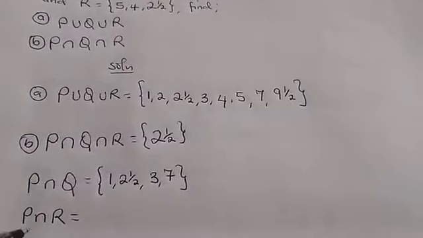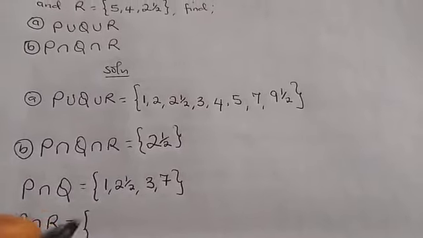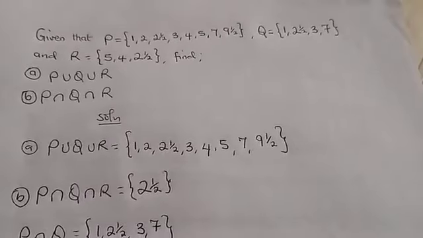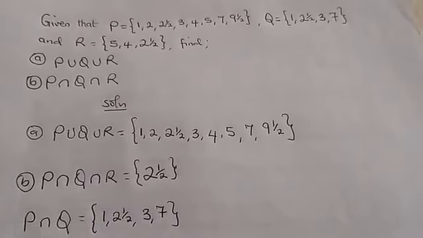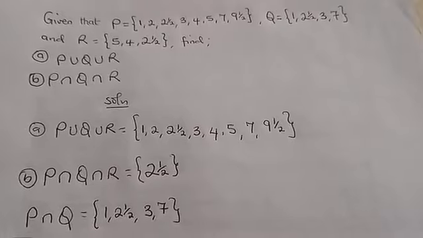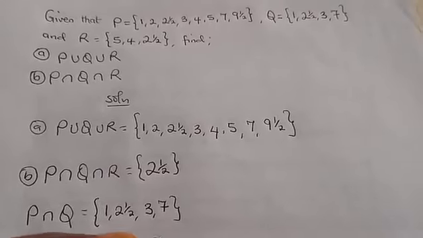So the intersection between P and R is equal to {2.5, 4, 5}.